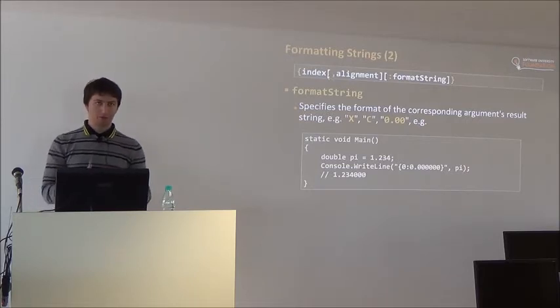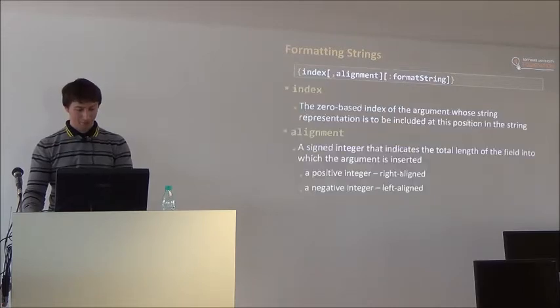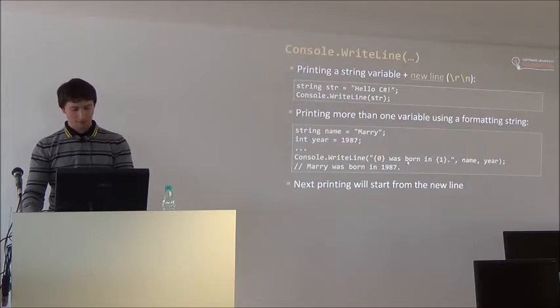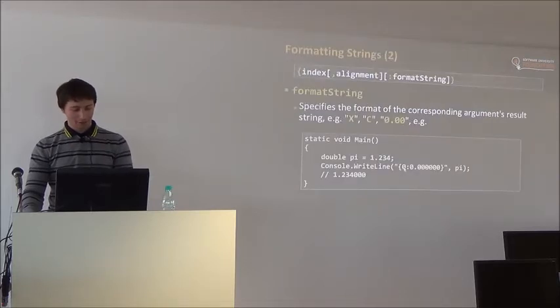As we've seen before, you can only use the placeholder. But in this case, you only use the index, which is 0. Because it's the first argument, it's the only argument actually.